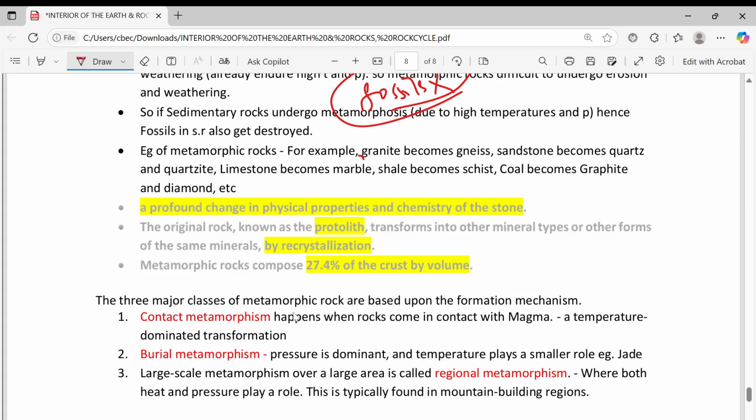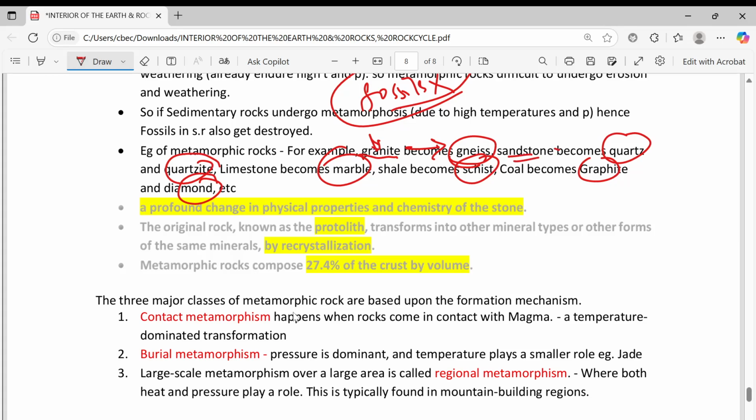Now remember these examples. Granite becomes gneiss. Sandstone becomes quartzite. Limestone becomes marble. Shale becomes schist. Coal becomes graphite and diamond. Here granite is igneous rock; when we apply high pressure it converts to gneiss.